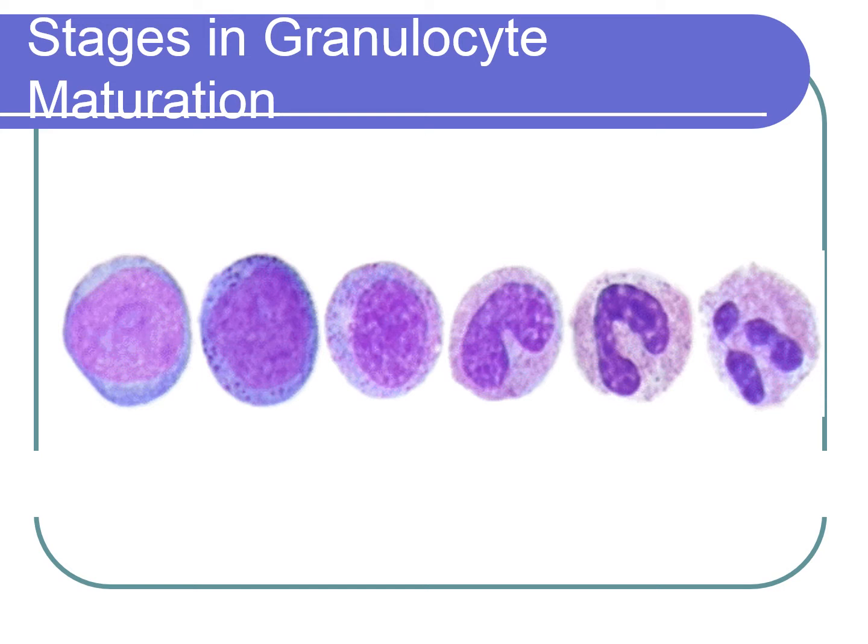It has around 3 to 5 lobules and a large granulated cytoplasm, and this is what we call a band form.